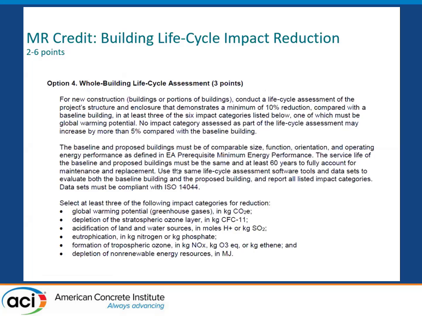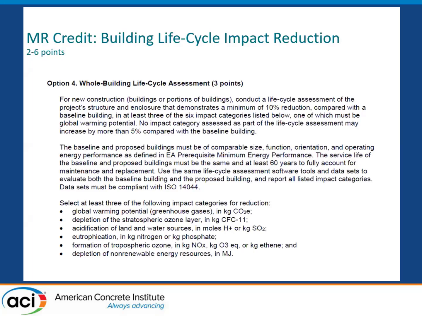So when we look at this, there's also another aspect, which is whole life building aspects. LEED isn't just looking at the embodied carbon of the material, but looking at it from the holistic view of the whole building itself. So they have another credit for that, where they want you to reduce at least 3 of the impact categories, such as global warming, ozone depletion, acidification, eutrophication, formation of ozone, and depletion of non-renewable energy resources.